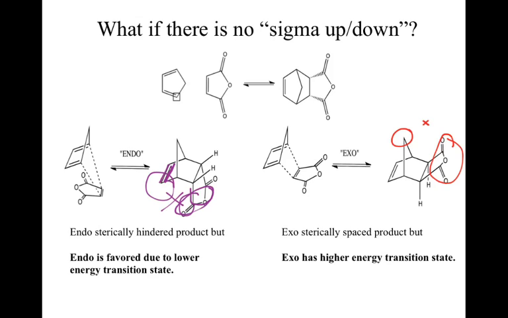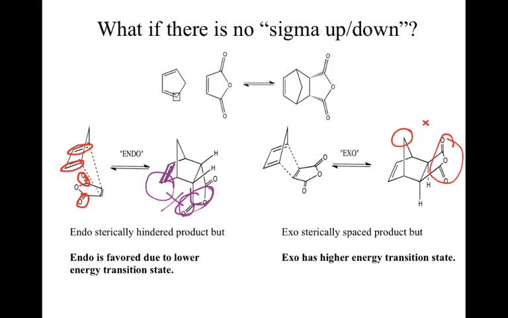Well, of course it can't be that simple. We've got other stuff going on as well. If we look at our products, now we also have to shift to look at our transition states. In the transition state, what we're referring to is what happens right the instant before the bonds are formed. If we take a look at the endo, we have p orbitals on this guy and this guy that can stack with those p orbitals.